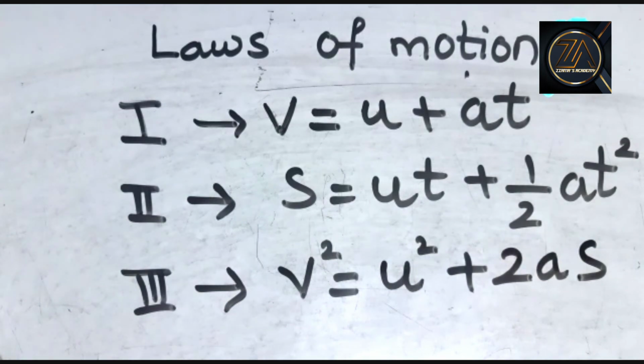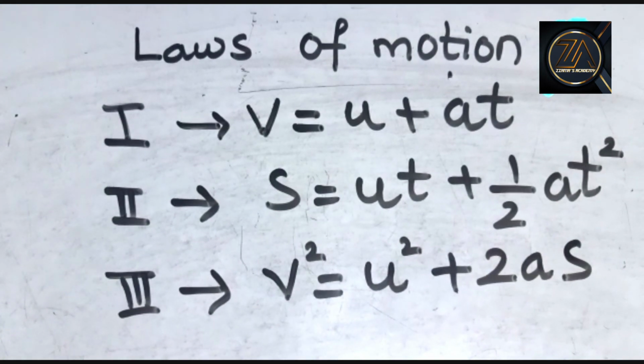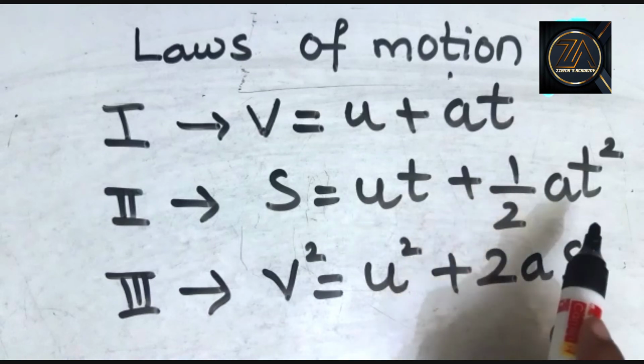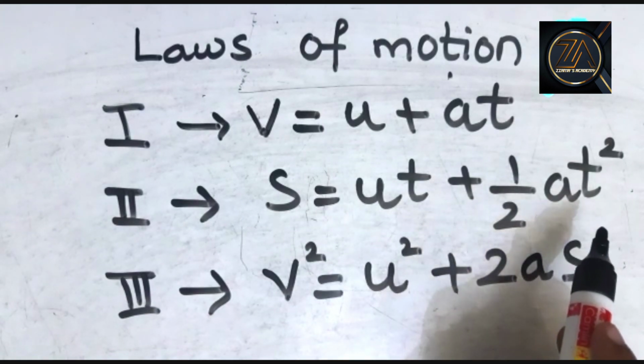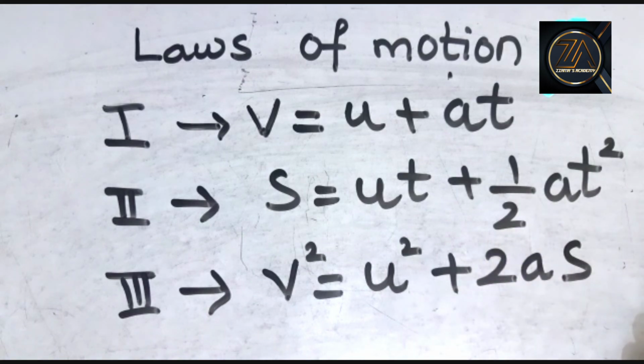And remember, you cannot change the order. That is, if someone asks you what is the second equation of motion, you should answer s equals ut plus half at squared. Okay, now these equations were given by the scientist Newton.